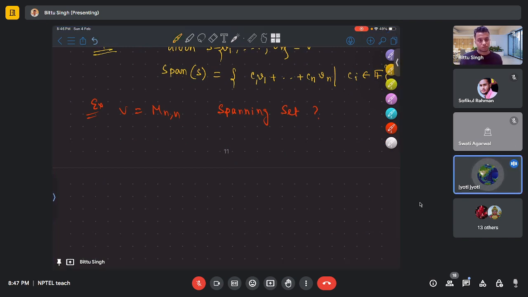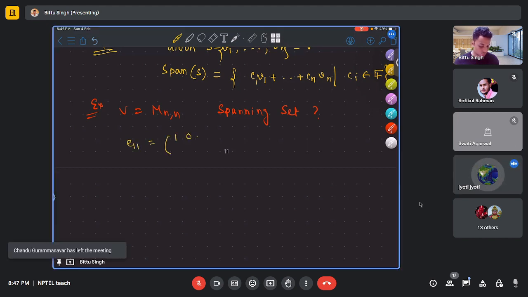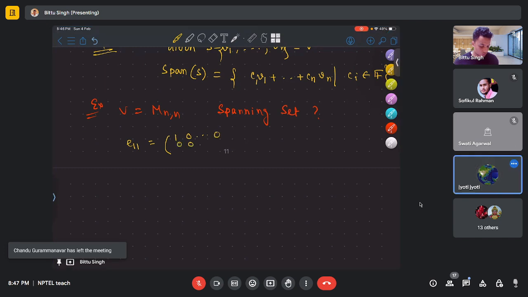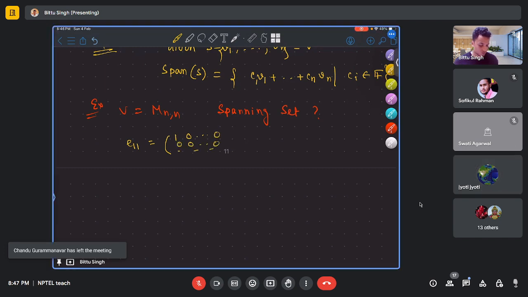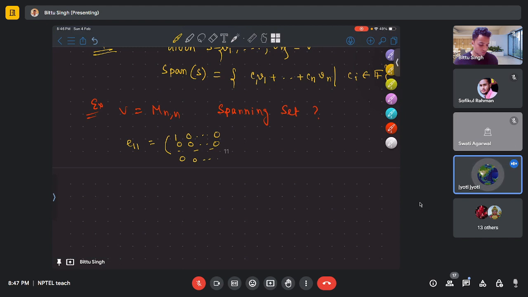Place 1 at A11 and all other entries are 0, and in a similar case put A12 equal to 1 and all other entries 0, like the standard basis.